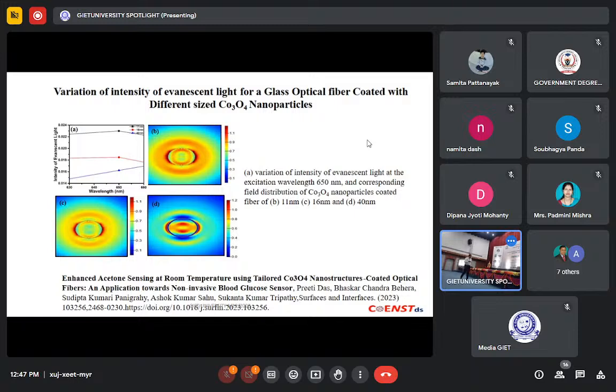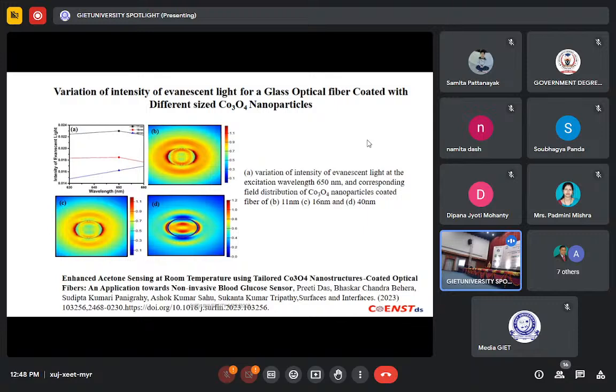If you see here, we have shown this simulation for different sizes of the nanoparticle: 11 nanometer, 16 nanometer, 14 nanometer. These are the light leaking out based on the dimension of the nanoparticle.